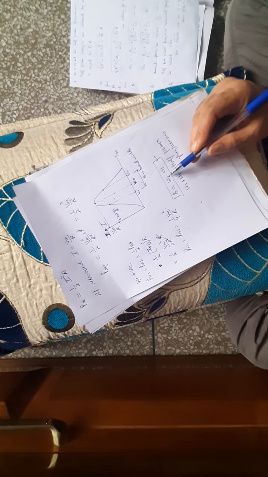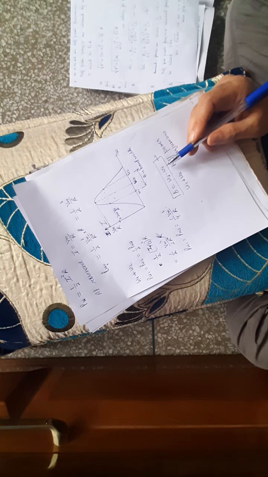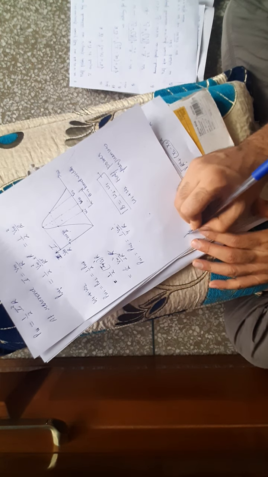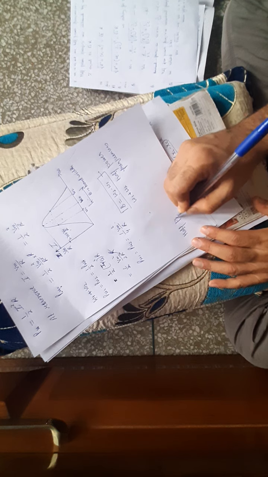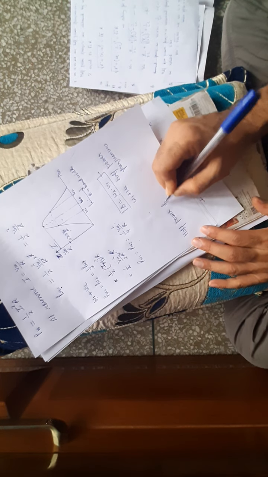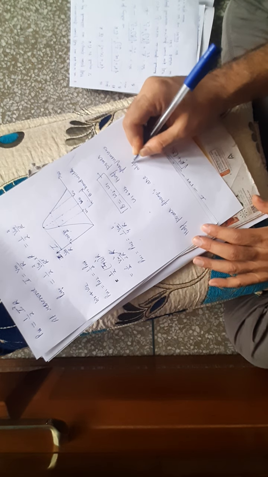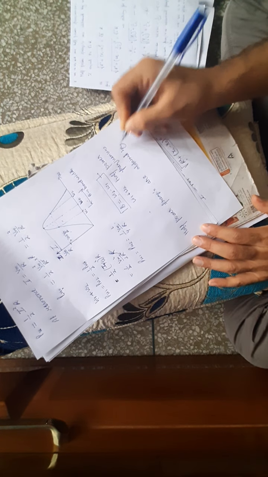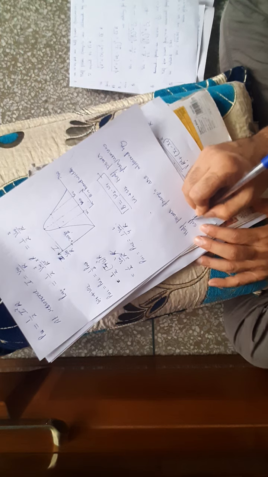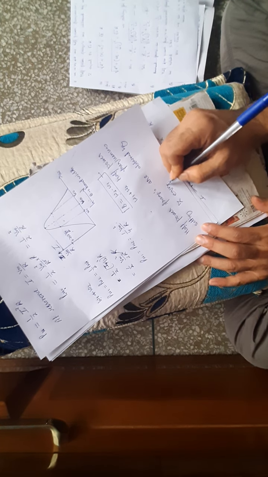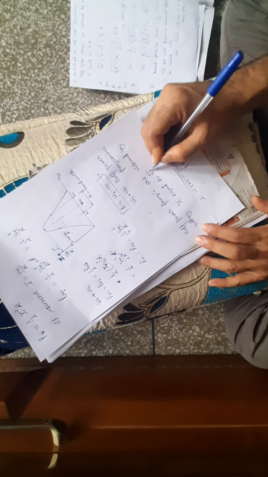These half power frequencies omega 1 and omega 2 are obtained by setting Z equal to under root 2 R.